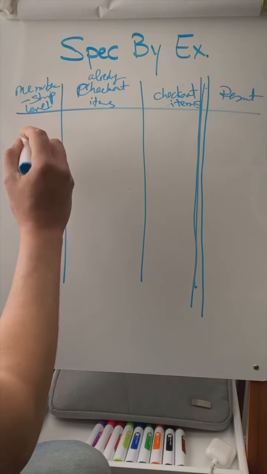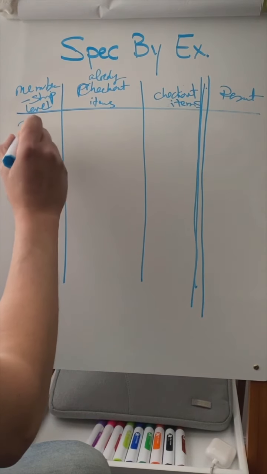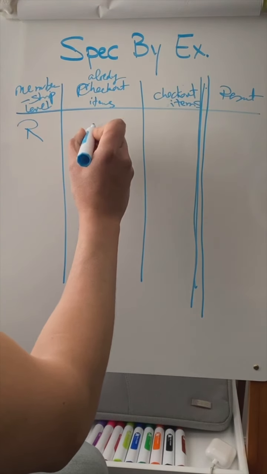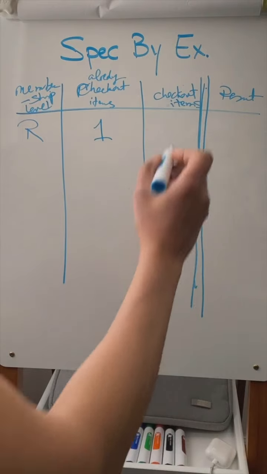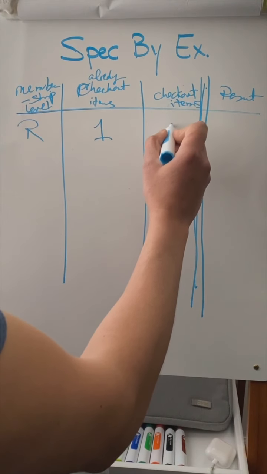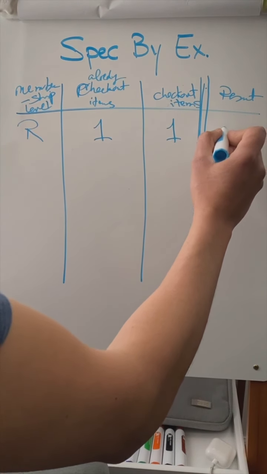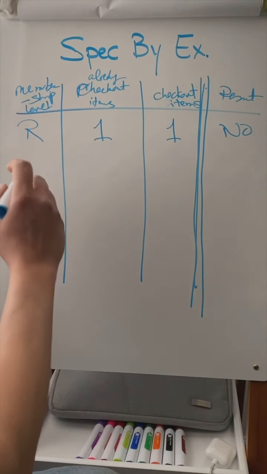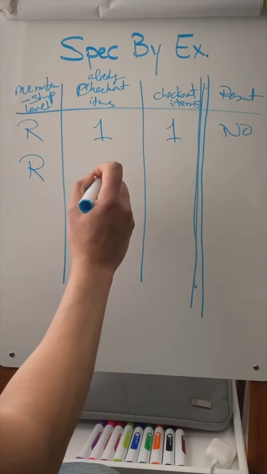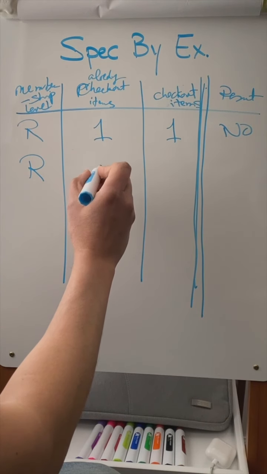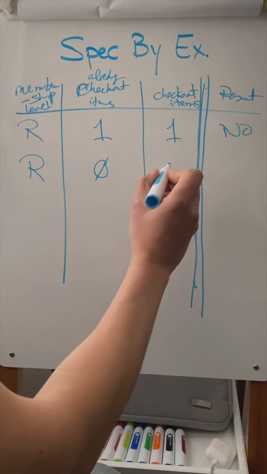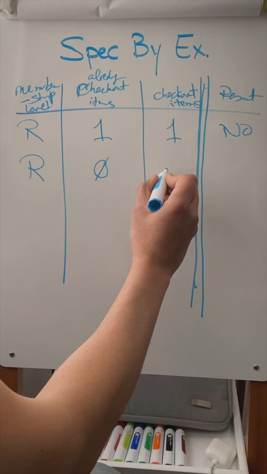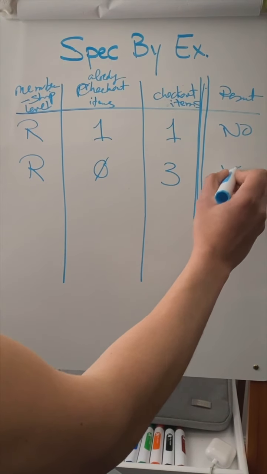So if you are a regular member and you already have one item checked out, and you're asking to check out one more item, the result is no, you cannot check out another item. If you're a regular and you do not have any, then you can check out 3 and it's yes.